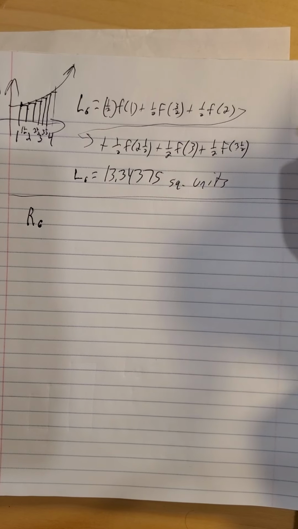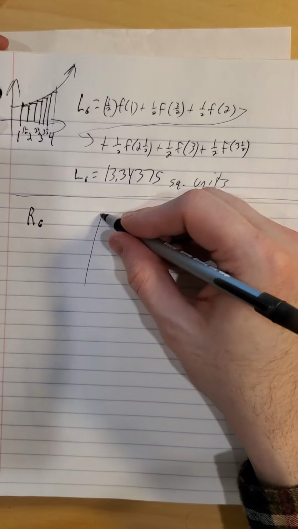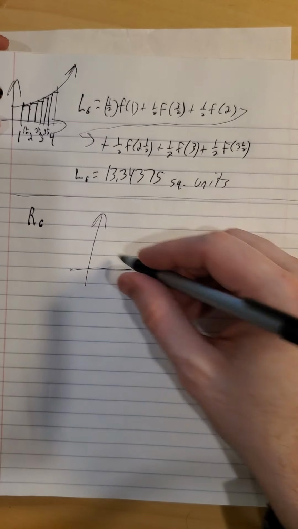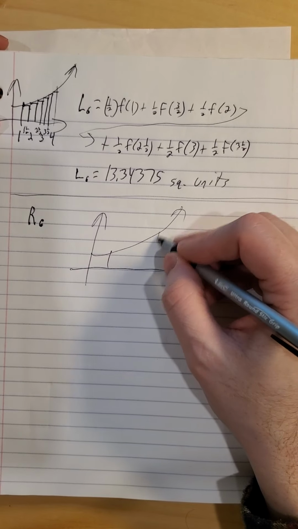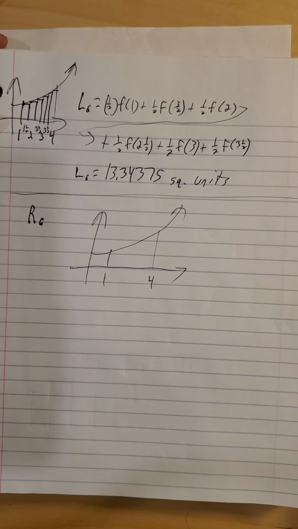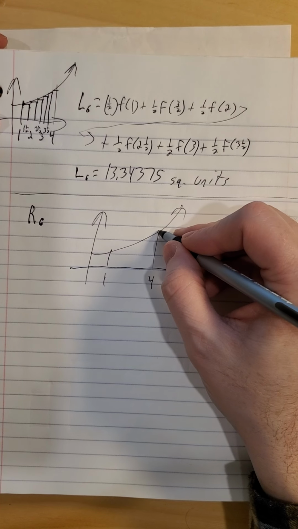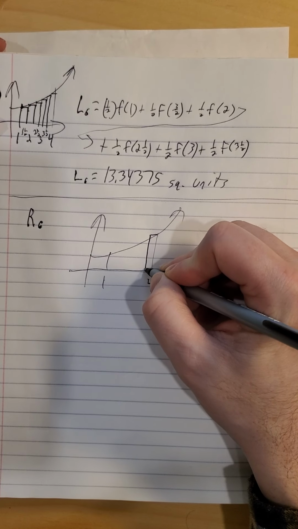Unpause it. Welcome back. So R6, again, I'll make my quick sketch here. So here's my 1, here's my 4. So this time we're doing the rectangles ending at the right side.